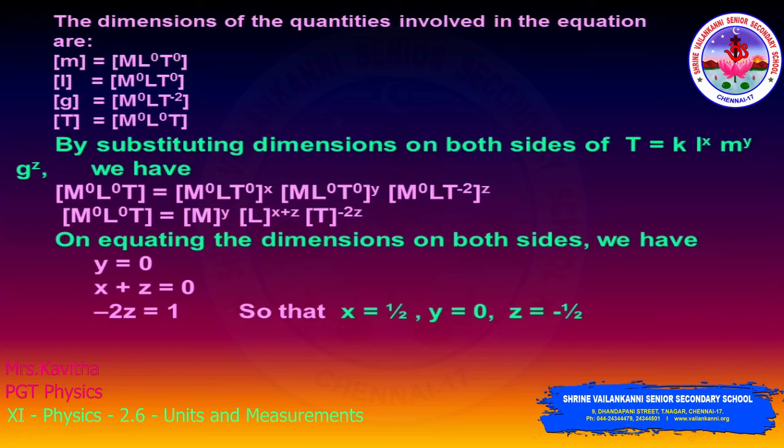Then we have Y equal to 0, X plus Z equal to 0, and minus 2Z equal to 1. That means X is equal to half, Y is equal to 0, and Z is equal to minus half.